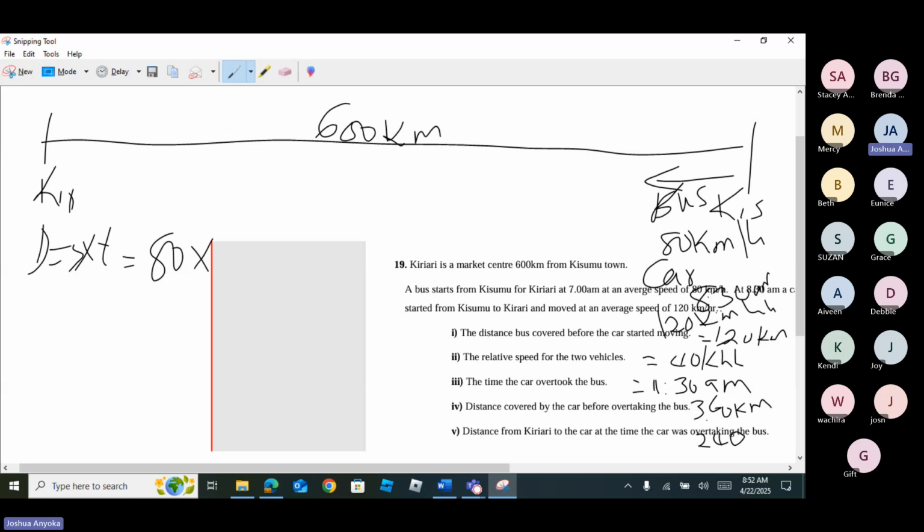Time is 1 hour 30 minutes, so it is 1.5 hours, which is 3/2, times 80, which gives 120 kilometers.